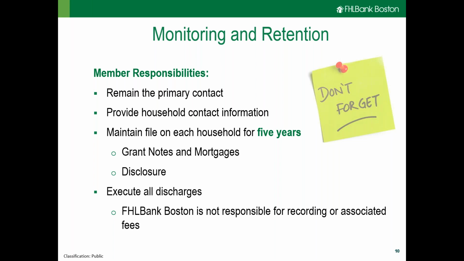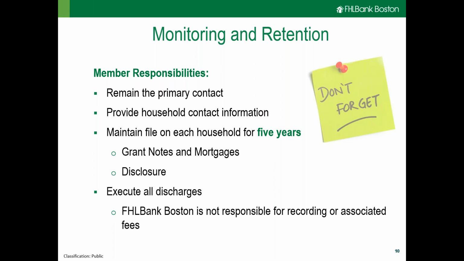So, monitoring and retention. It's really important that your institution remains the primary contact and you provide the household with your contact information, whether it's the person who submits the grants or loan servicing, because the way our retention mechanisms are written, you are the lender, we're only the funder of the grant.